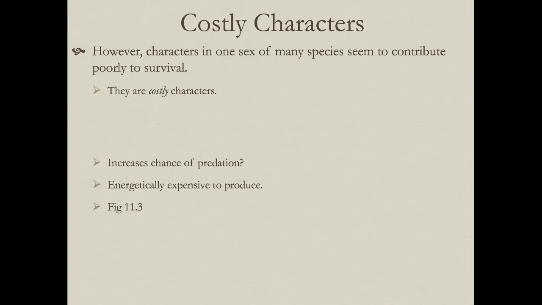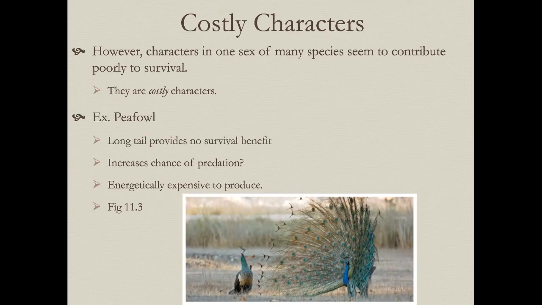So in a few cases, yeah, you might be able to point out some ecological reasons why males and females are different. But in many cases, the characteristics that are seen in one sex seem not only to not be a good adaptation, they actually may reduce survival. So in other words, we're talking about individuals of one sex, and we'll see that this is usually males, having ecologically costly characters. Classic example of that, again, go back to peafowl.